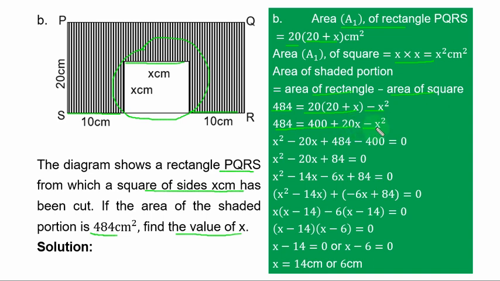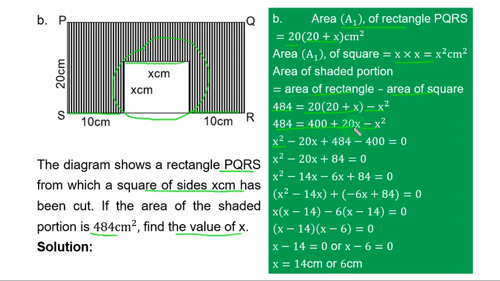S squared simply reveals that we may likely have a quadratic equation. So let us move all the terms to one side to have 0 on the other side. If you transfer minus s squared, it becomes plus s squared.